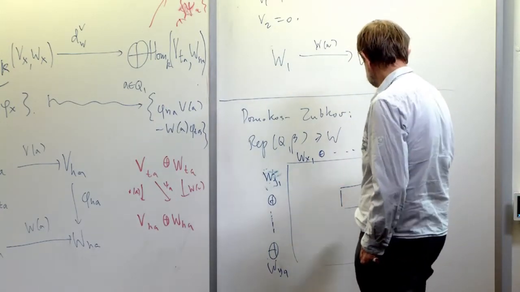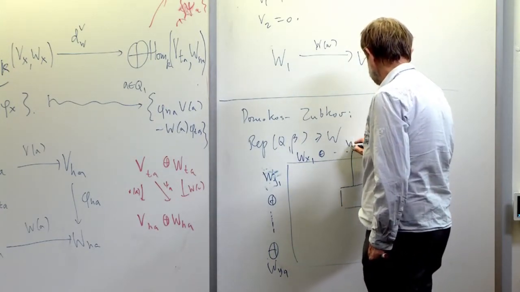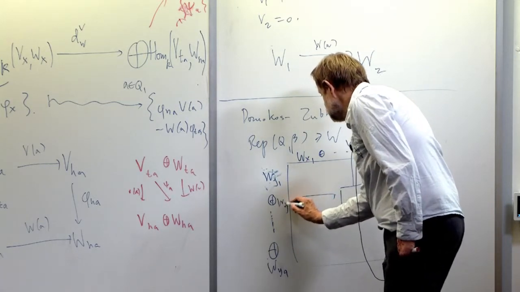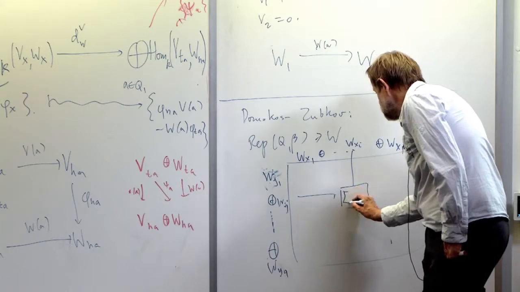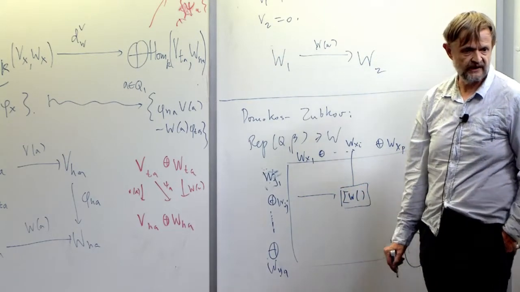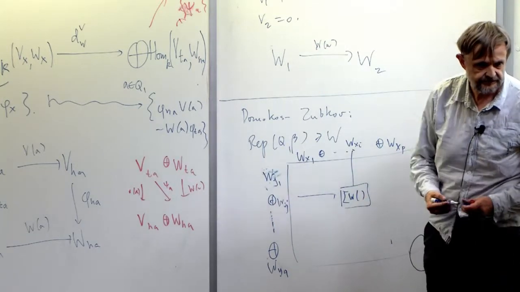And then in the IJ entry you put some linear combination of W on all the paths in the quiver that go from I to J, in whatever way you want.